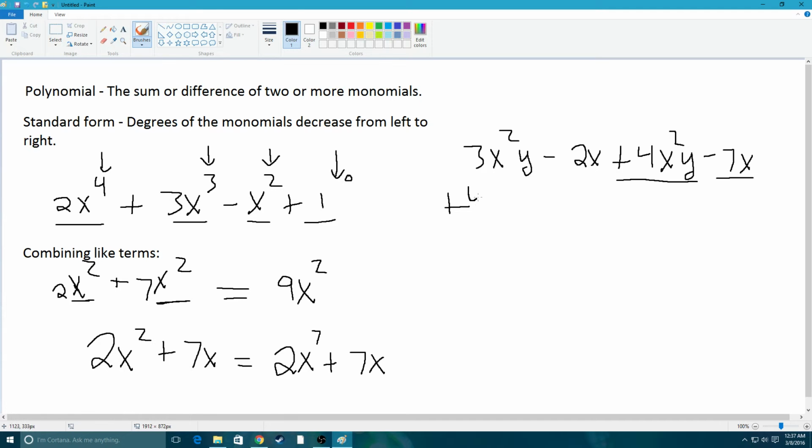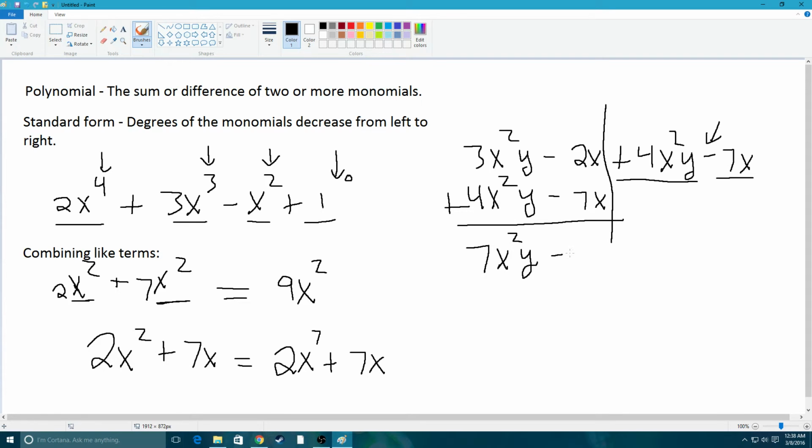So I'm going to put plus 4x squared y right here, and minus 7x, remembering to take that negative sign. Now 3 plus 4 gives me 7x squared y's. And negative 2x minus 7x gives me a minus 9x. And that's how I would add polynomials.